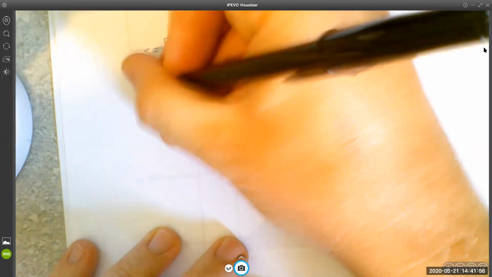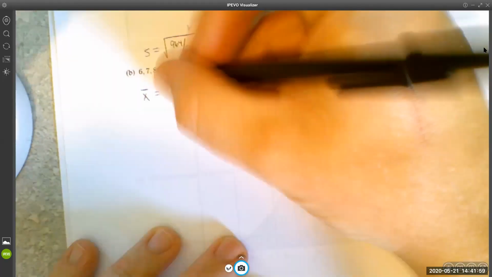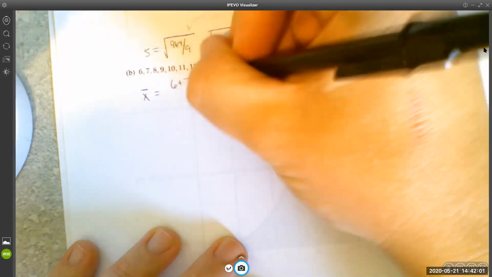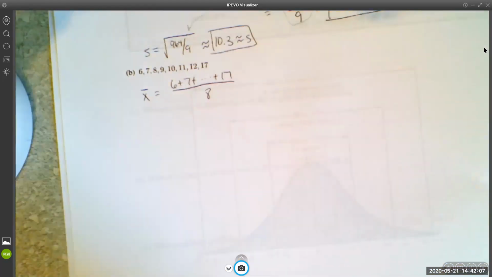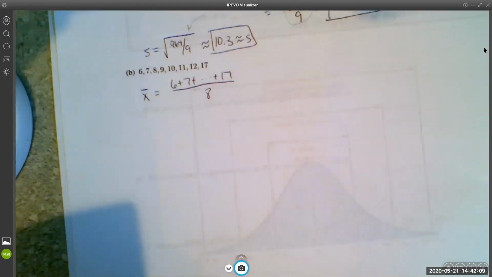First of all, we need the sample mean. Then we can use it to calculate the variance.